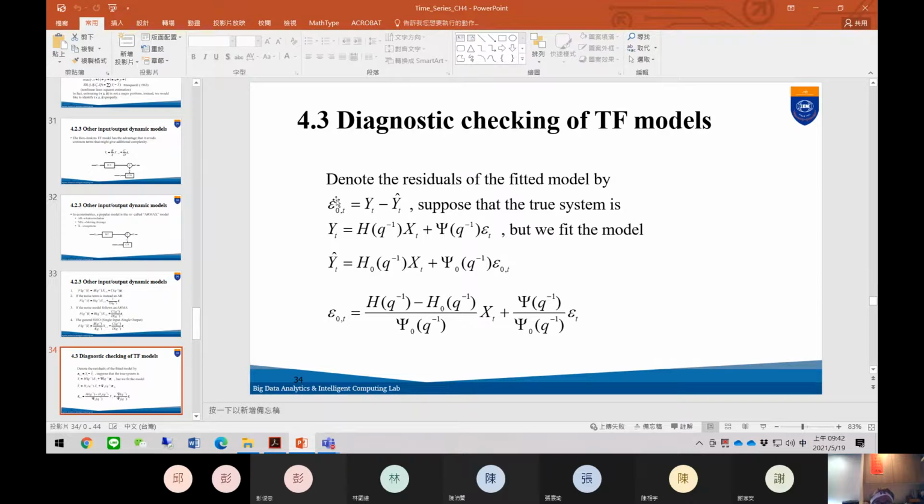This residual equals the observed value minus the fitted value. Suppose the true system is this one, but with the fitted model, this one, so Y_t minus Y_t hat is the forecast error, or called the residual.